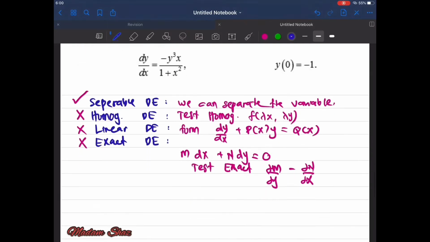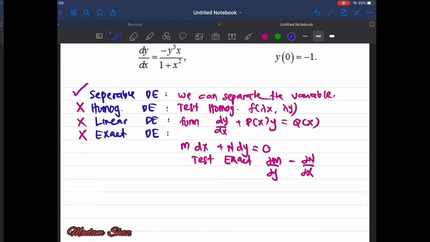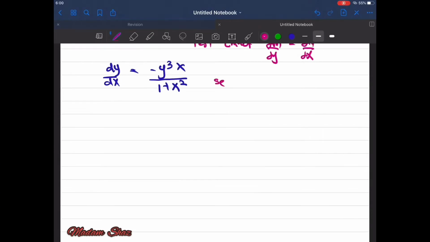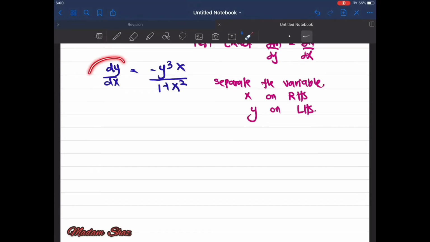Let us try to separate the variables. For the first step, you have to separate the variables: x on the right-hand side, y on the left-hand side.